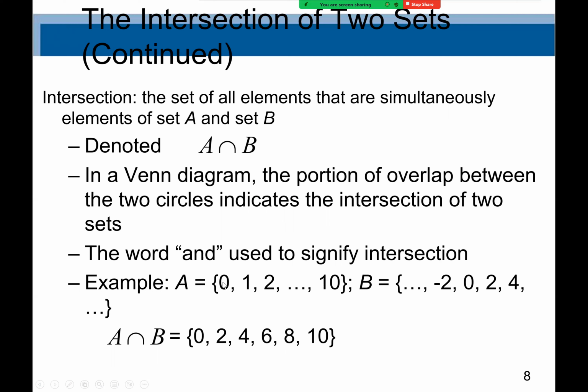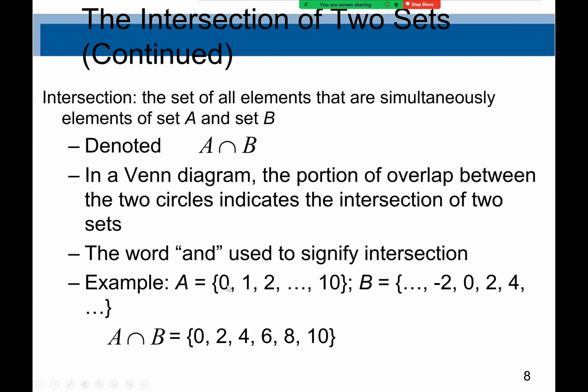So we have 0 common, 1 is not common. So 2 is okay. Then we're going to have 4 because here we have 1, 2, 3, 4, 5 up to 10. So we are going to have 4, 6, 8 up to 10. So it means for sets A and B, the common elements are 0, 2, 4, 6, 8, and 10.